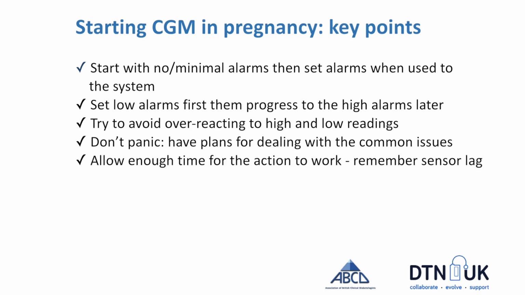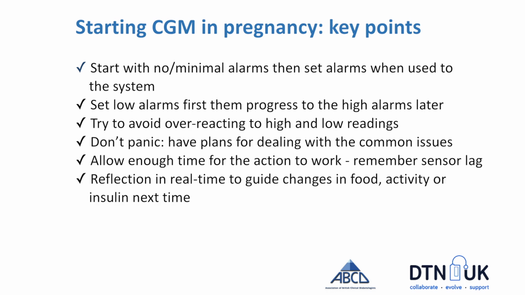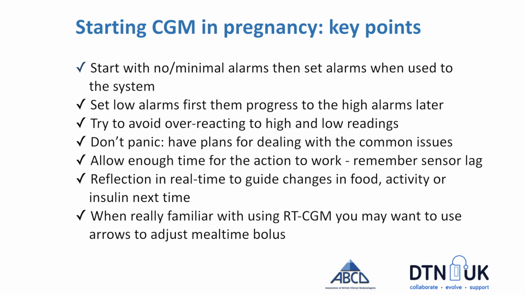Make sure you allow enough time for that action to work and remember the sensor lag, and think about why this has happened and what you could do next time to avoid it, changing the food you've eaten, the activity, or the insulin time or dose. And then when you're really familiar with using the real-time CGM, you may want to go on to using the arrows to adjusting the meal boluses.